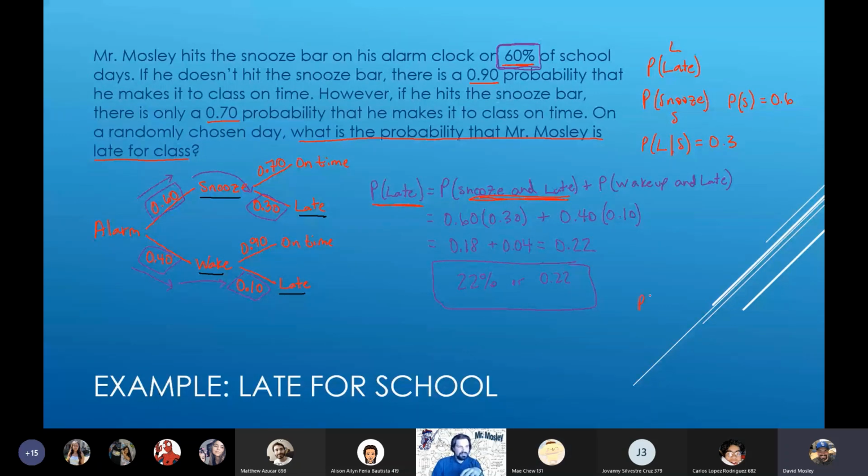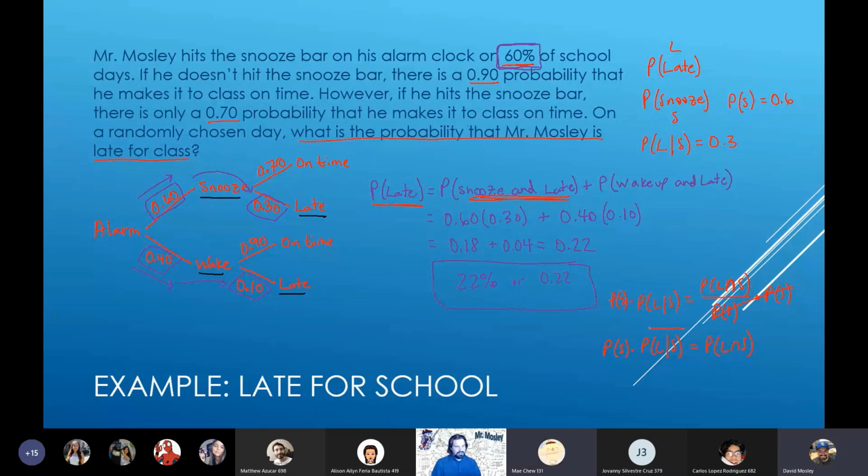If I set up the conditional probability, P of L given S has to equal P of L and S divided by the probability of S. We rearrange that, and we get the probability of S times the probability of L given S equals the probability of L and S. So this is that rearrangement, and this is our general multiplication rule.